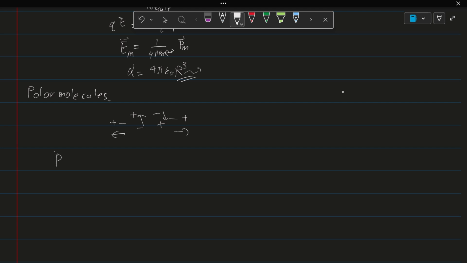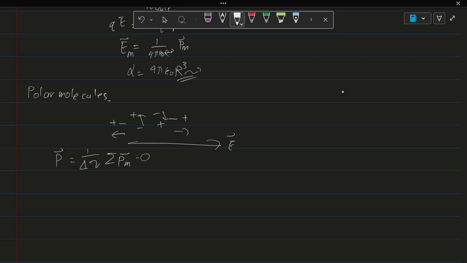Thus, the polarization here, which you know the formula to be 1 over delta V of the sum of the polar dipole moments, is going to be 0. But when you apply an electric field, the molecules try to align with the electric field in order to minimize the energy. That's why you get polarization in polar molecules.